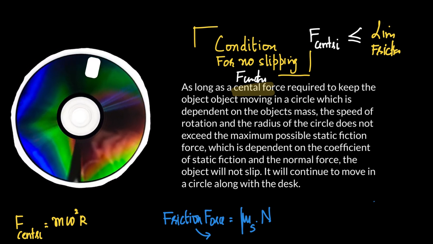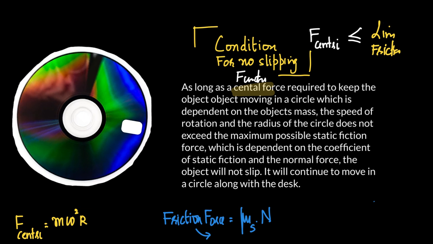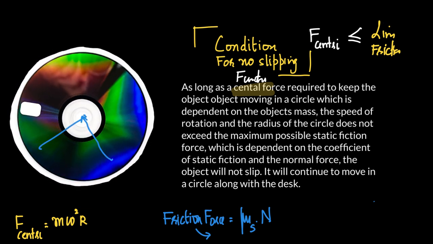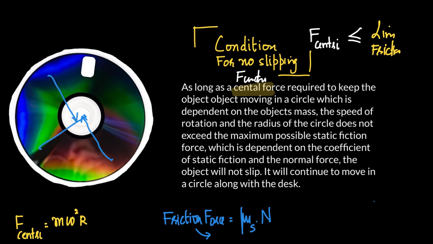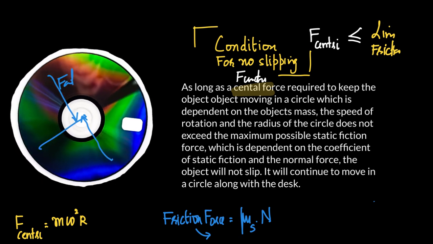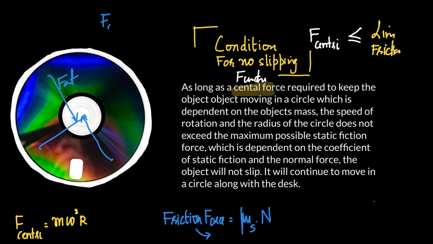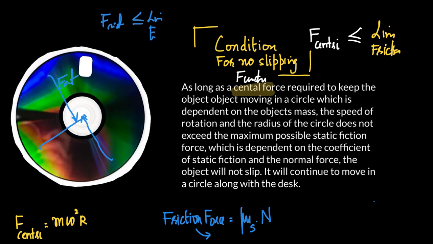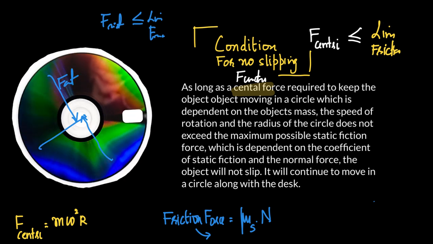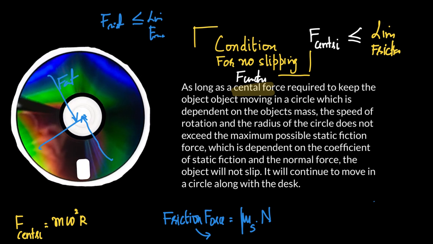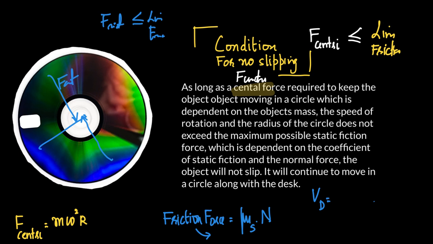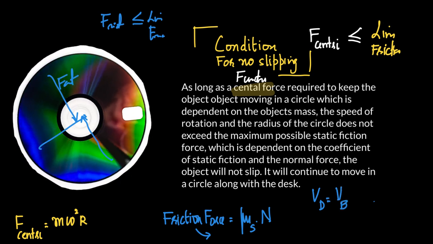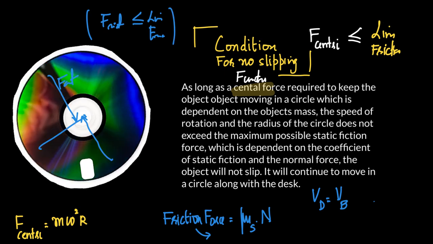So as long as centripetal force, so how is centripetal force acting? Like this, right? Centripetal force is acting like this. As long as this F centripetal is less than or equal to the limiting friction, what will happen? The object will not slip, and therefore velocity of disc will be equal to velocity of the beaker, as long as this condition is maintained.